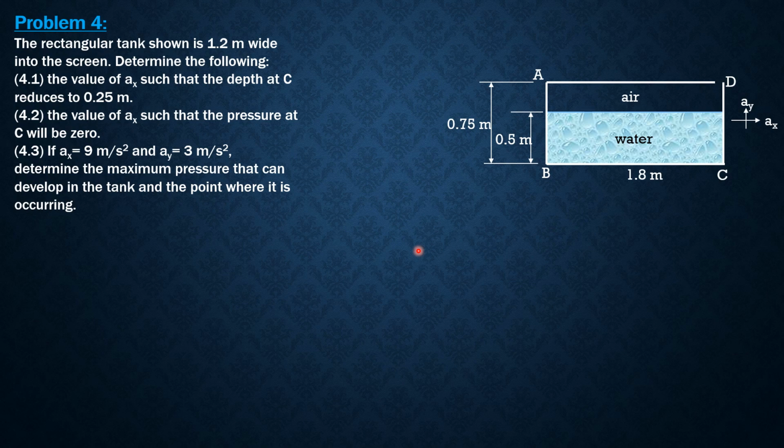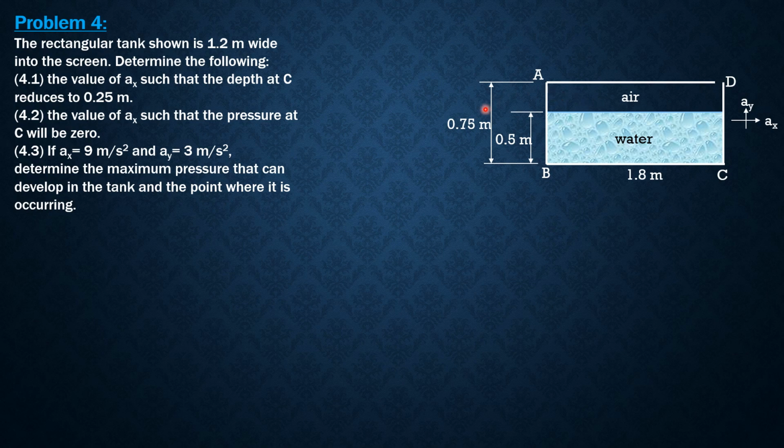So for the first question, the value of A sub x such that the depth at C reduces to 0.25. The original depth is 0.5. So if the depth at C will be reduced to 0.25, that means this surface should drop 0.25.